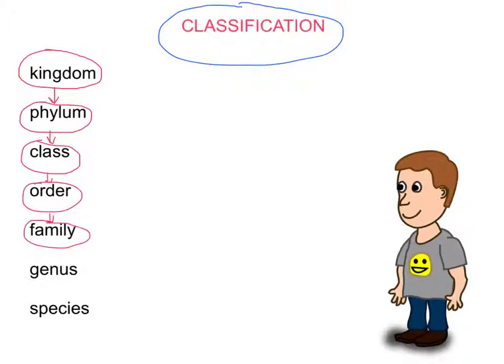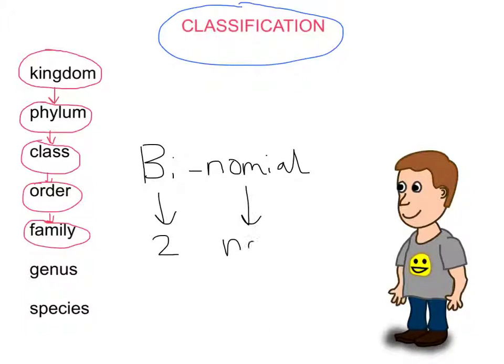Then we come to what are called the genus and the species. Now Carl Linnaeus developed, as I said, in the 18th century, this binomial way to name organisms to help classify them. So I'll just write there. It's called the binomial. Now bi means 2 and nomial means name.